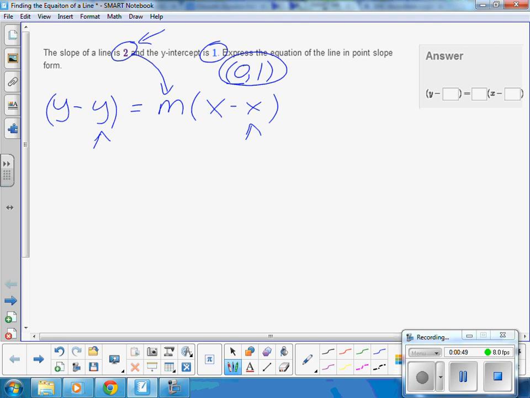So really in this problem, all I needed to know is that the y-intercept being 1 is equal to (0, 1). So my slope is 2. That goes here. And then my y is 1 and my x is 0. That is all I had to do for that problem.